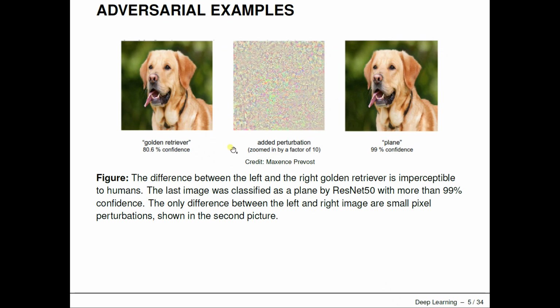Here you can see an example of adversarial perturbation that leads to misclassification with high certainty. Initially the network was predicting correctly that it's a golden retriever, rather confidently, and after adding this small perturbation, it's actually zoomed in order for us to be able to see what is happening there, it predicts that it is a plane with 99% confidence.